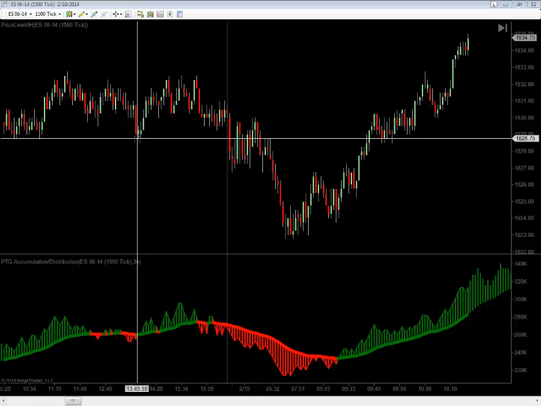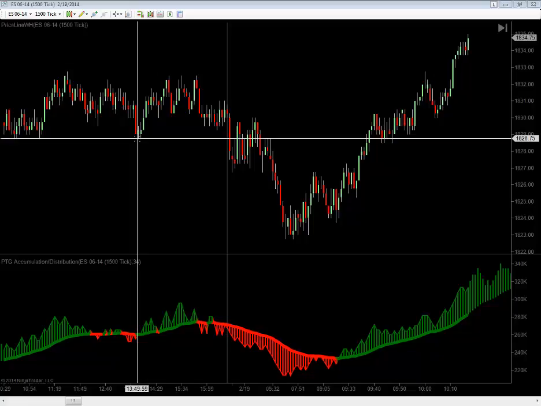So as prices are moving higher, one would expect that the cumulative delta, or the accumulation of buyers, continues to rise, and that's normally the case. And as well when price falls, again, one would assume that the sellers getting more aggressive are on a net basis selling, and that's normally the case as well.